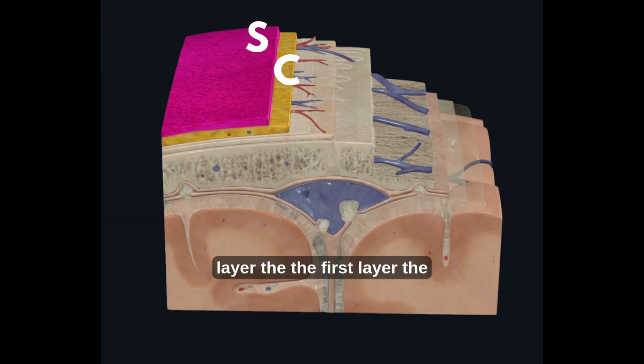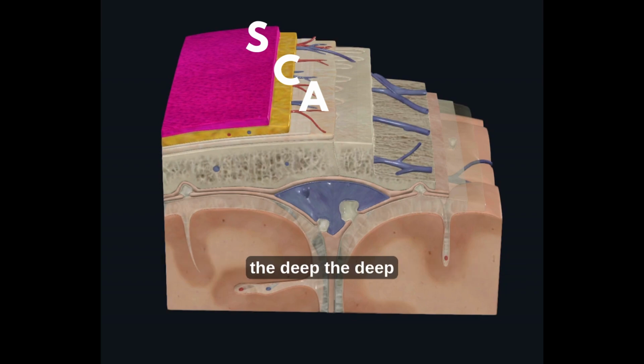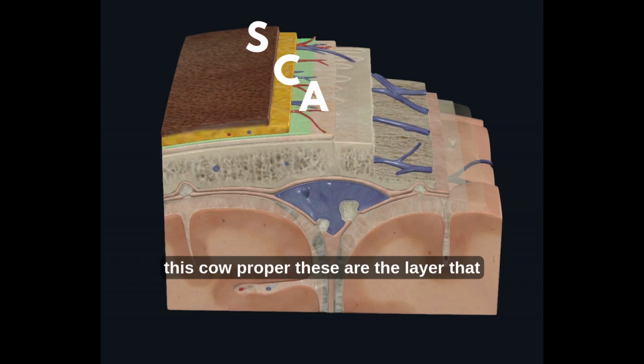The first, second, and third layers, which are the skin, the deep connective tissue, and the epicranial aponeurosis, are referred to as the scalp proper. These are the layers that move as a syncytium.